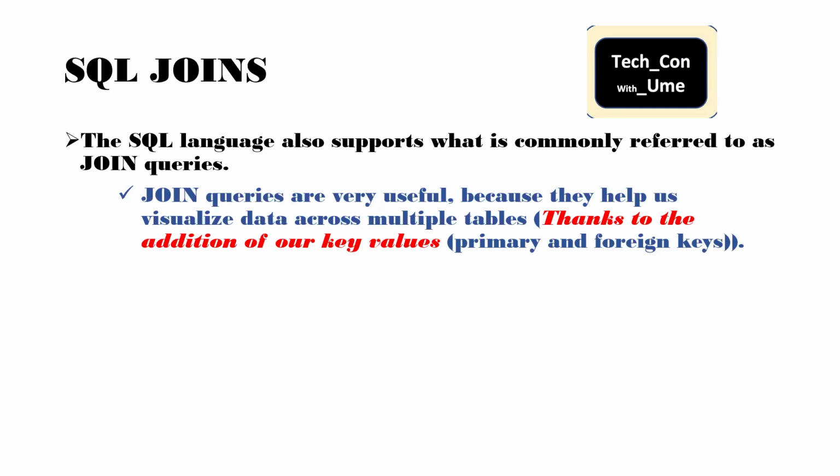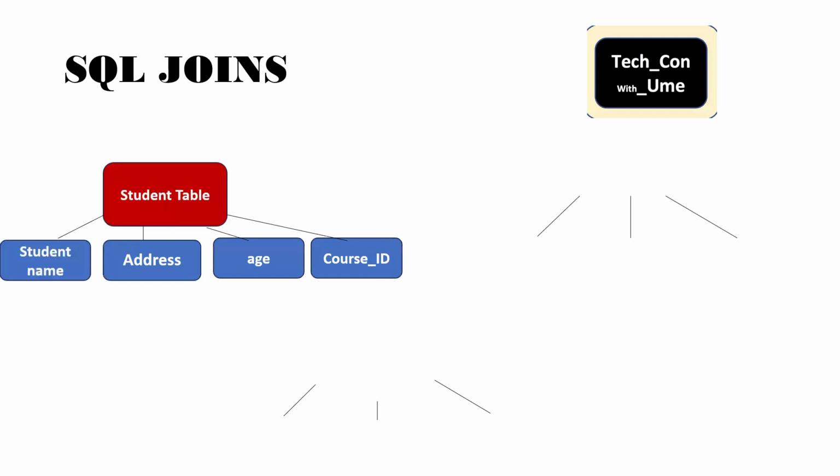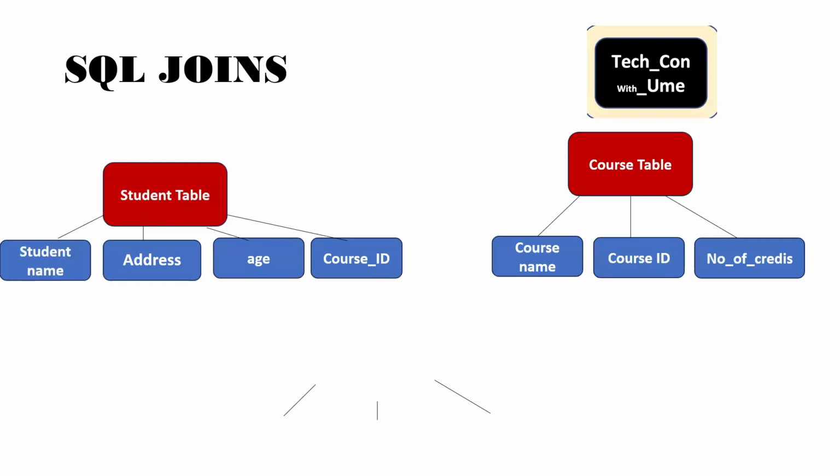So thanks to these keys, we have the opportunity to combine our tables to derive comprehensive views of data stored across multiple tables. For instance, we may have 2 tables labeled students and courses.